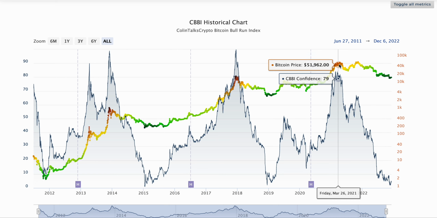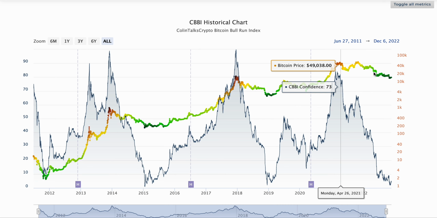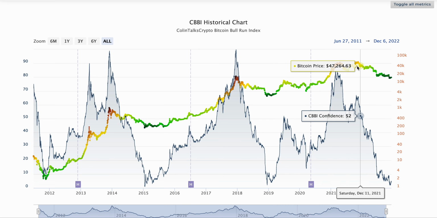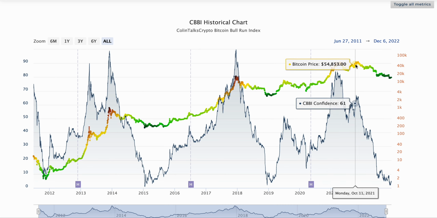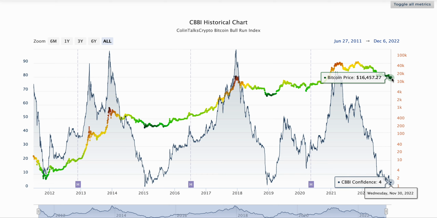So the good thing about using the color scoring is that he's combining the price of Bitcoin with the composite indicator. So here you can see the price of Bitcoin is about 17,000 and the color is green.